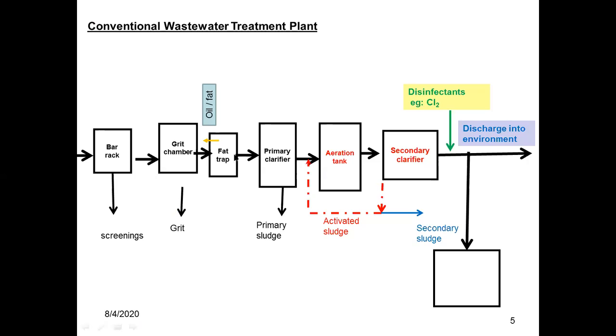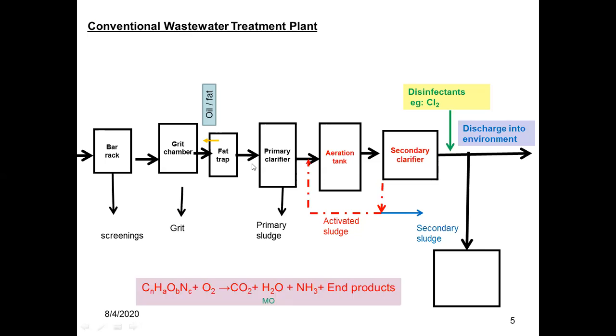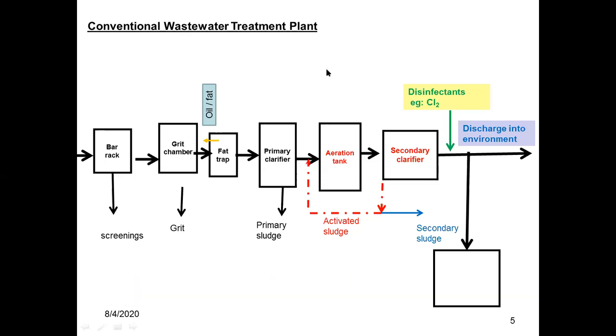Then after the primary sedimentation tank there is the aeration tank, where we have to add mixing and oxygen. Due to the aerobic digestion process, the microorganism population increases. Then we have to send the water to the secondary clarifier.